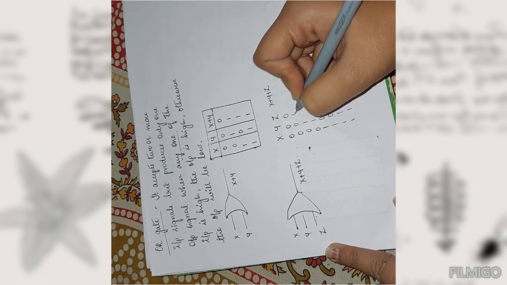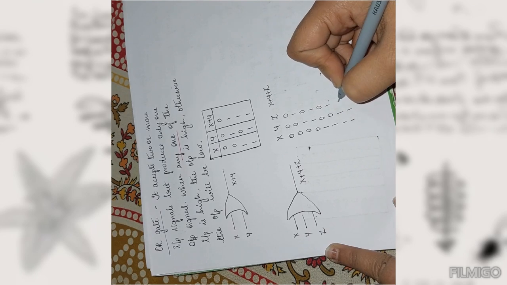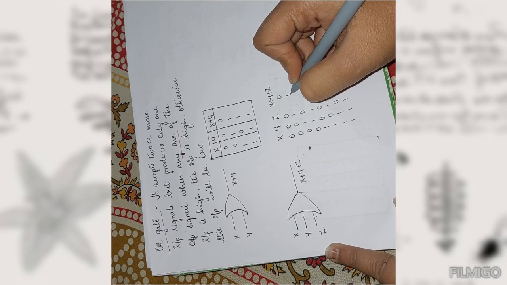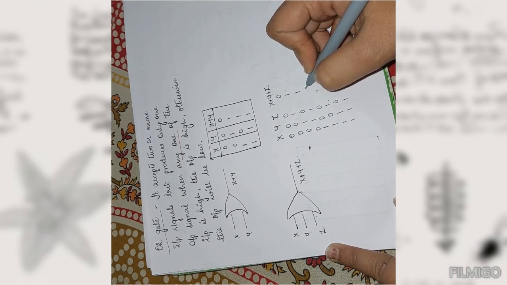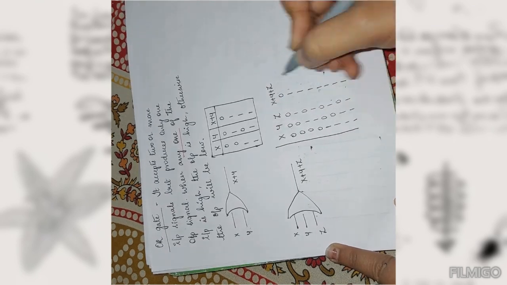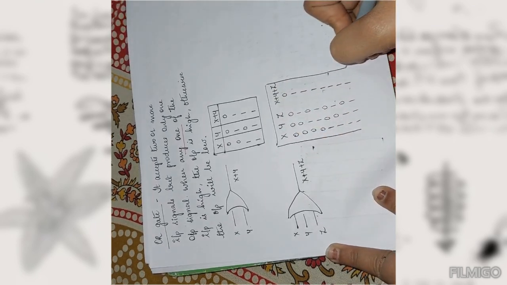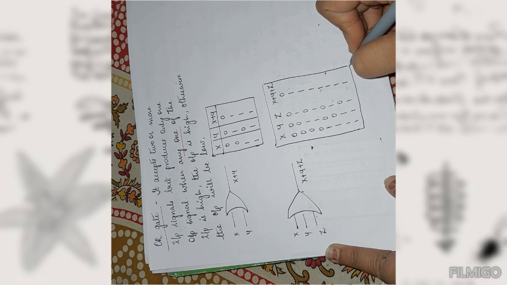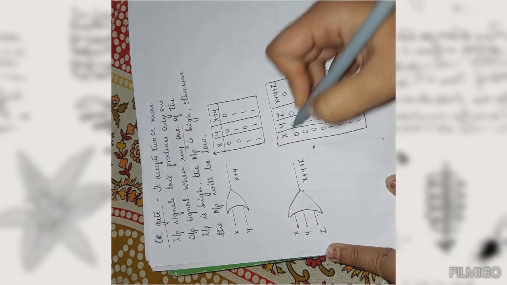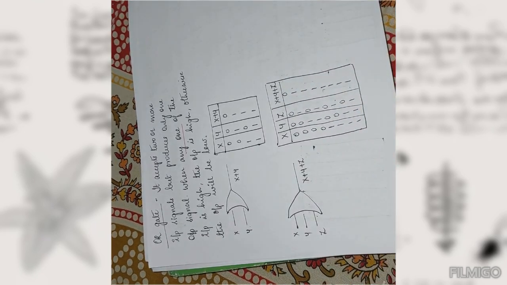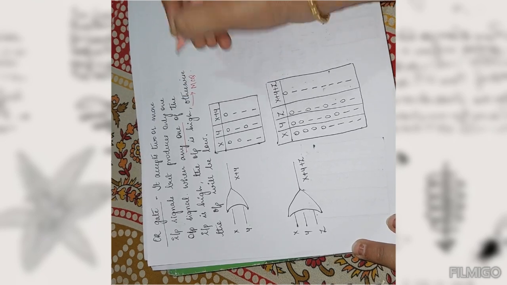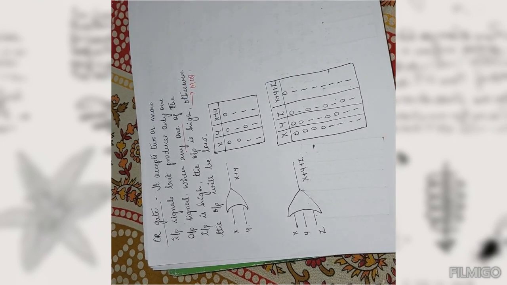And in the third column, single 0, single 1. It is easy to remember. See, when any one of the inputs is high, the output will be high. So this is about OR gate. You can expect MCQ from this definition.